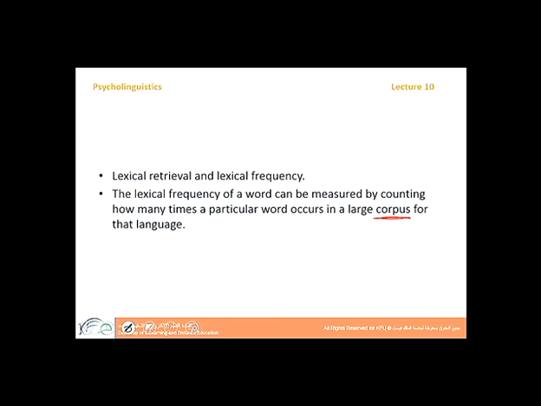So TV interviews, the scripts of the news, everything that is said on TV, everything that is published in English, they put it together and they count how many times each word appeared. And this is how they measure the frequency of words.